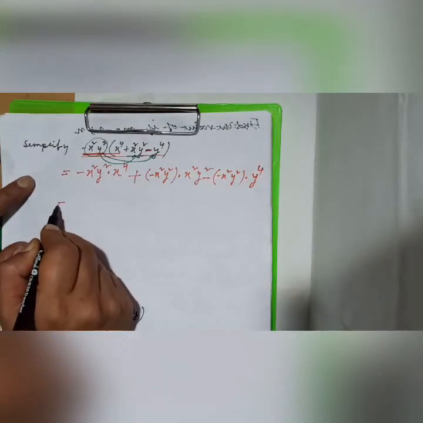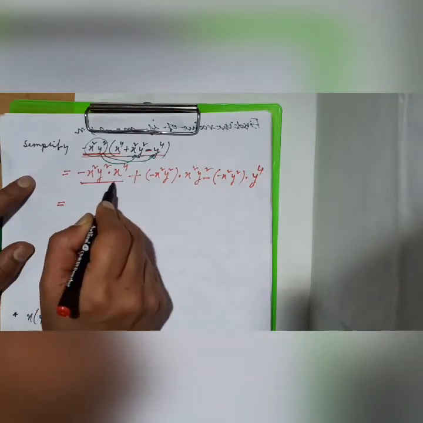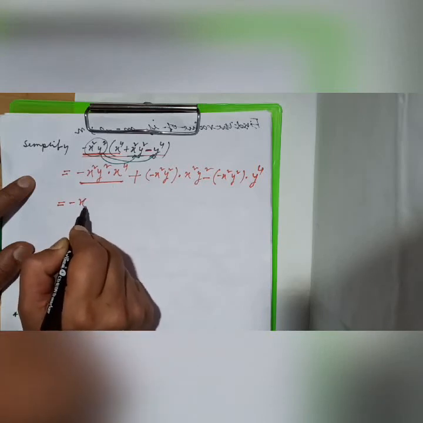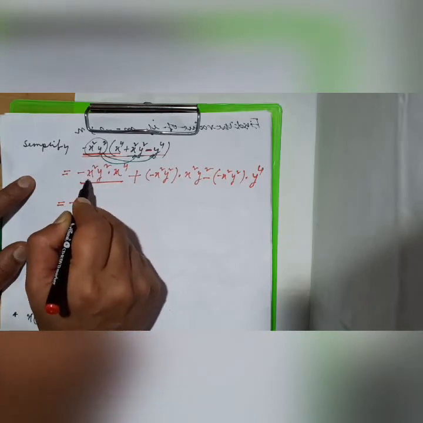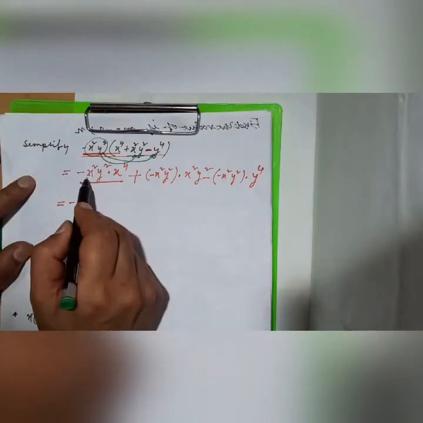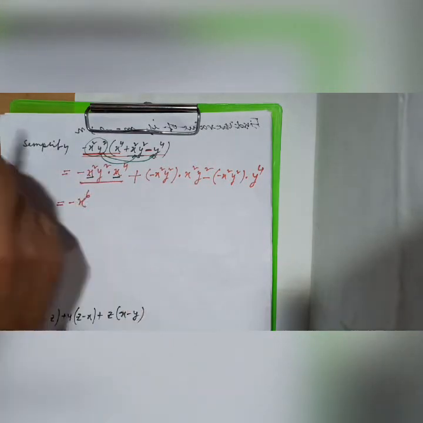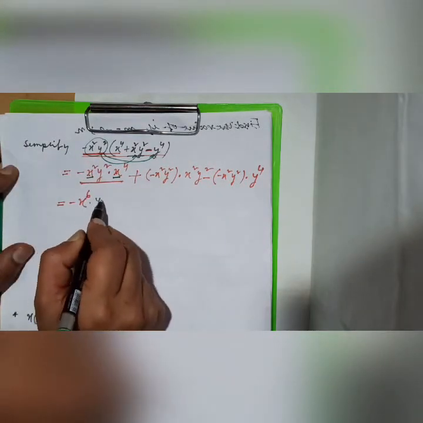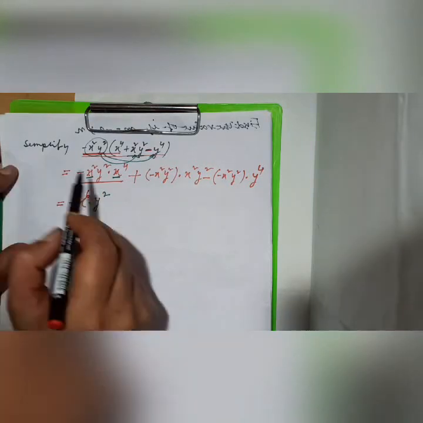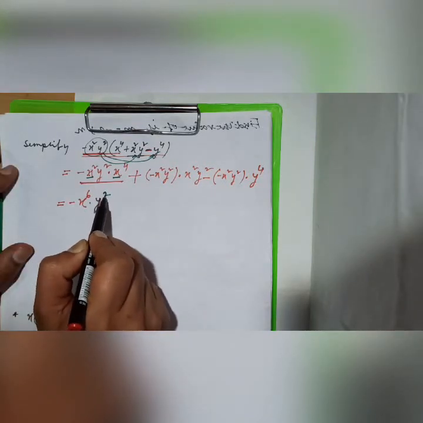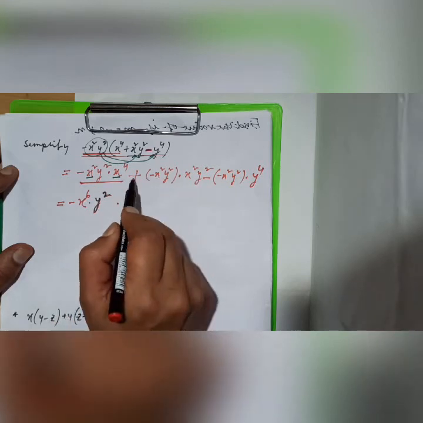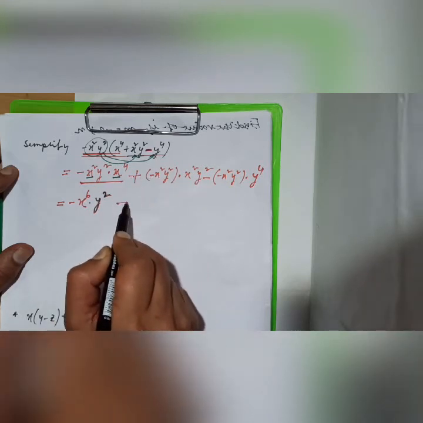Now this one if you do, minus x to the power 6, it will be x to the power 6 into y square. Now you see here the plus, but here it is negative sign, so this will be negative.